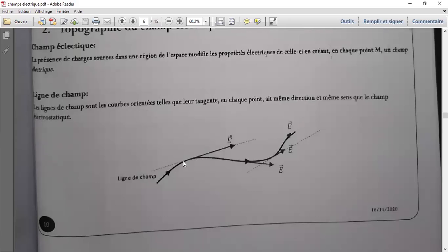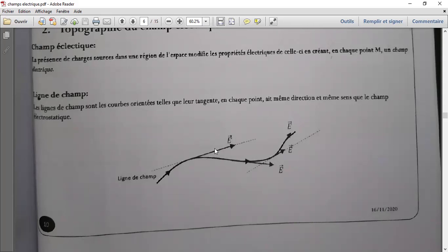So for example, you have this curve here, and we drew a tangent here on this curve. This tangent is representing the champ, because if you are given a ligne de champ and you draw any tangent, that tangent represents the champ electrostatic, which means it has the same direction and the same sense.